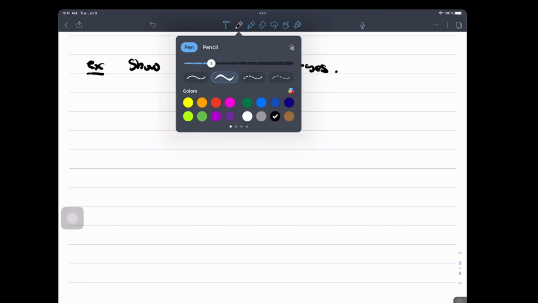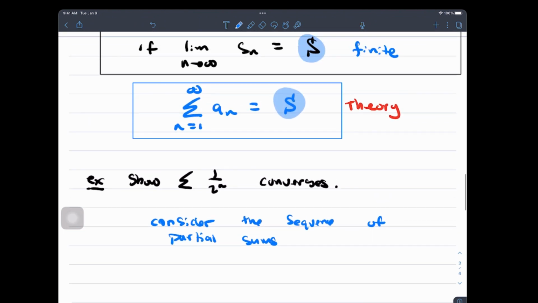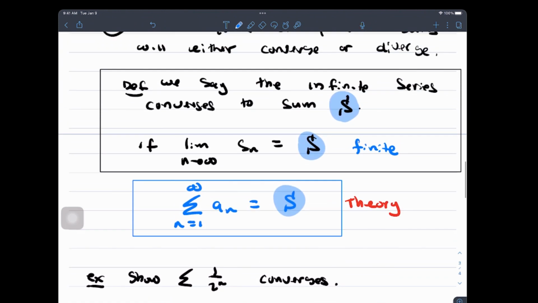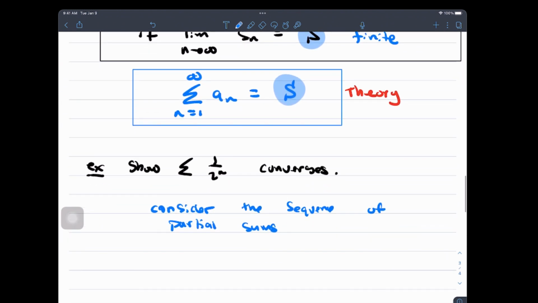So in the beginning, and you might say this is what you say, you say, consider the sequence of partial sums. So they're essentially going to use that definition here when you create that sequence of partial sums. But generally speaking, very hard to do.